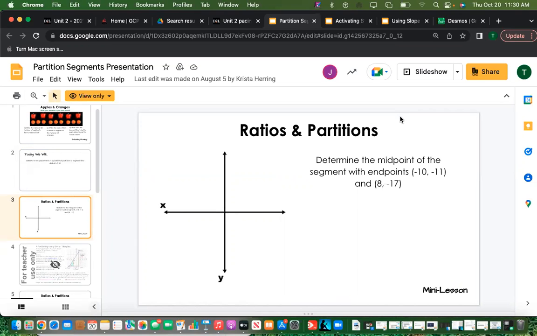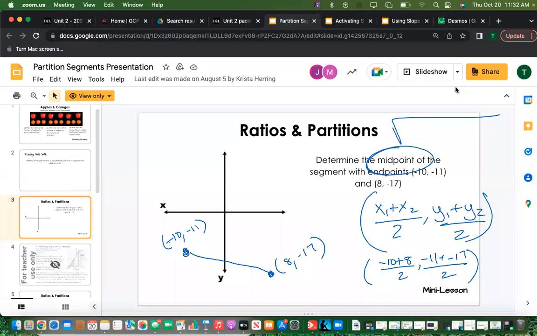Like divided by 2. We're gonna talk about it. You could do it that way. Okay. All right. So if you were to find the midpoint, there are a couple of different ways.